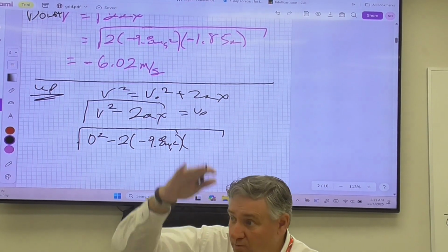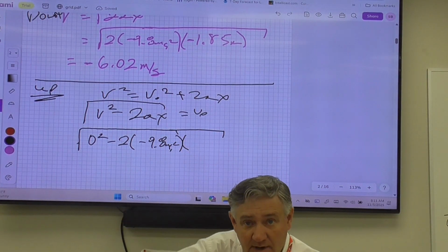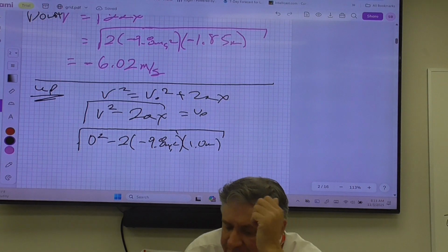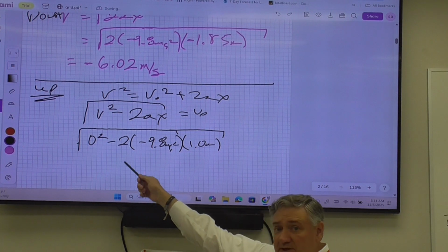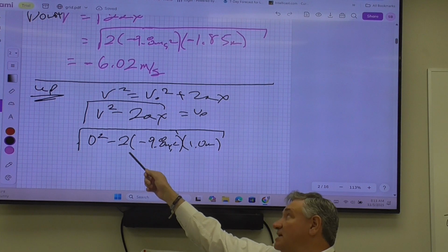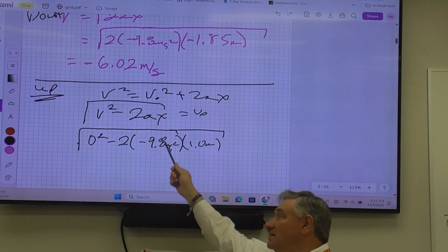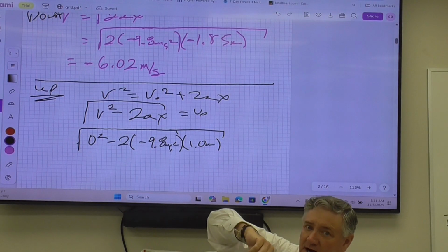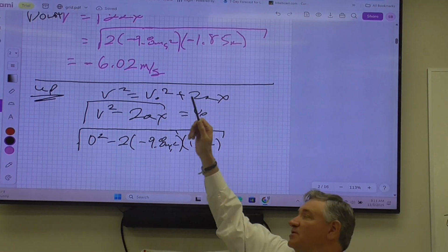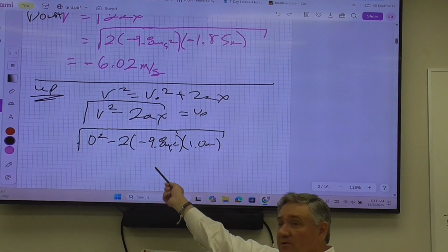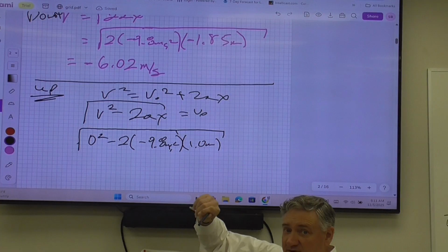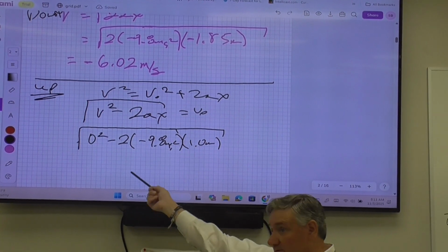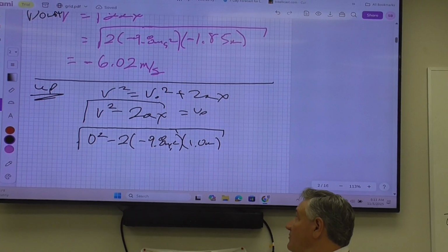You're going from 0 to 1. Final position 1 minus 0, you get positive 1. So this is why that 0 is important that you leave it in here. Because then I've got 0 minus a negative value, which makes it positive. So that's why it's so important that you leave that zero underneath that radical, so that way you don't end up with a negative underneath the radical.